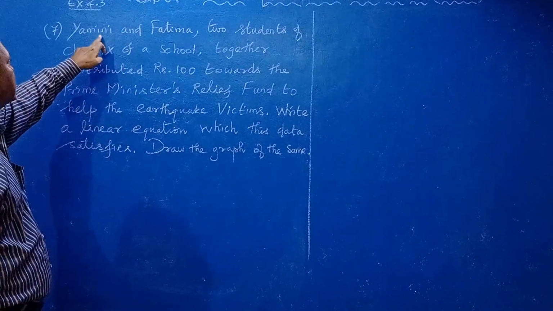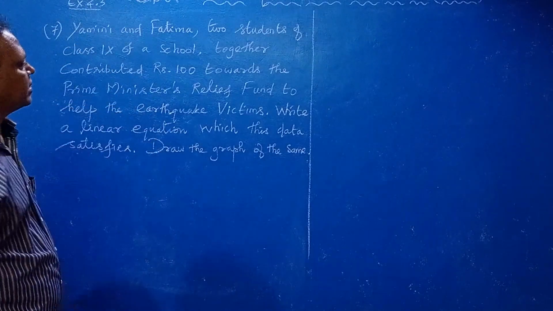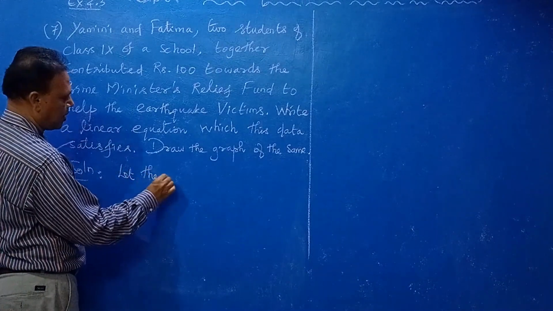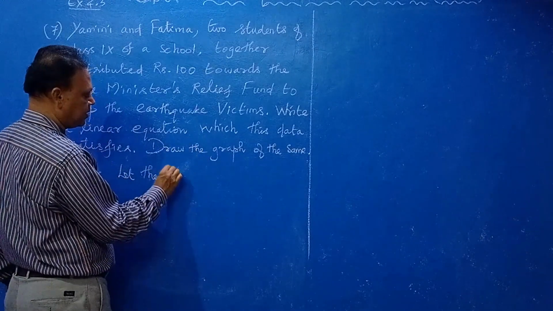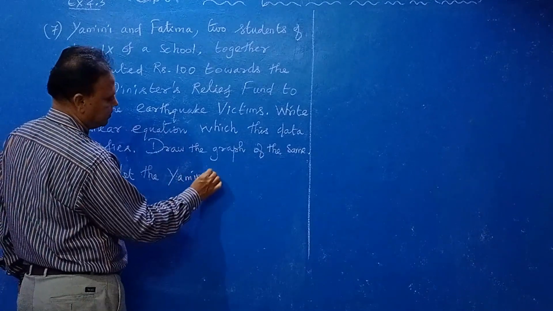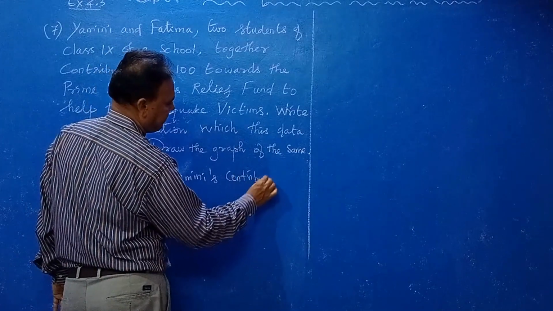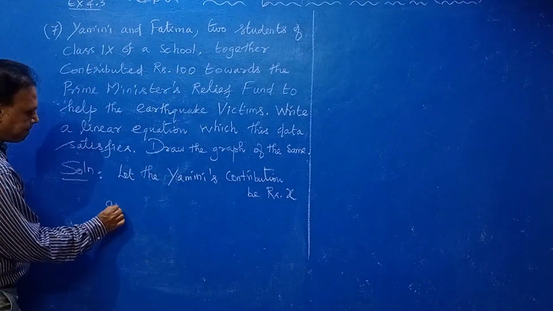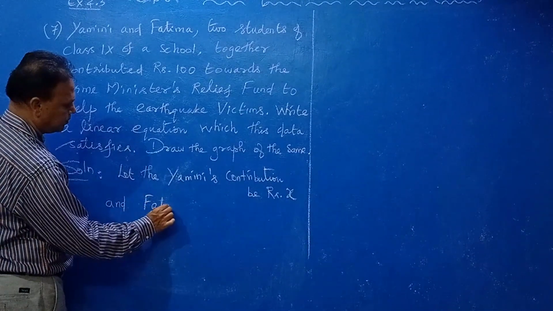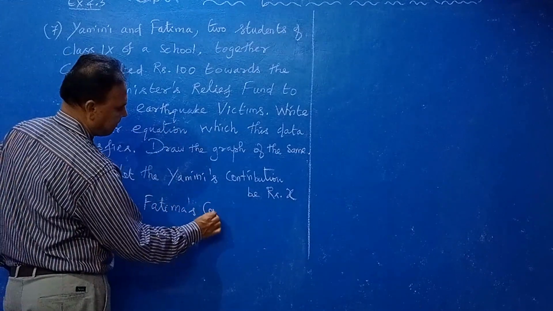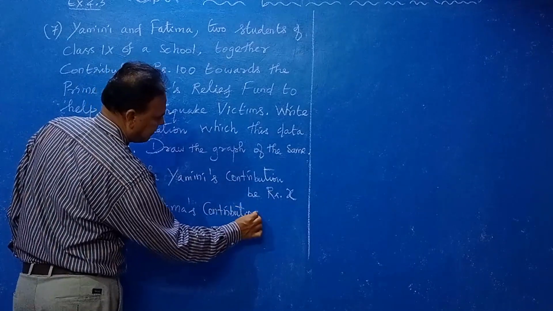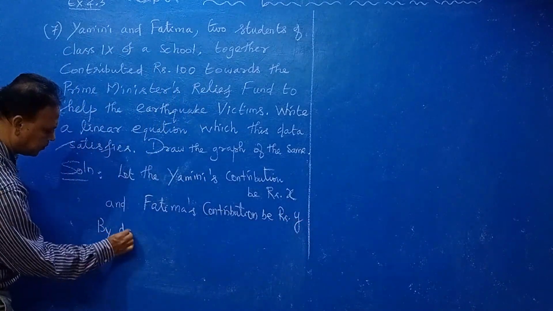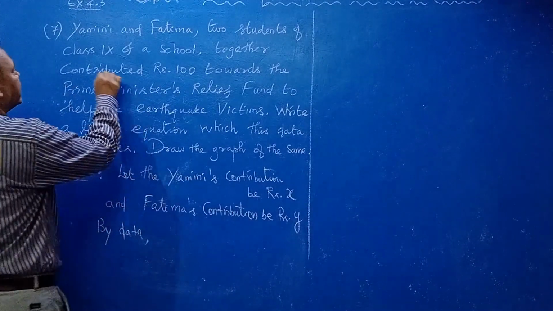So you have to let the contribution of Yamini be rupees X, and Fatima's contribution be rupees Y. Now by data, see here clearly given together they are contributing rupees 100.